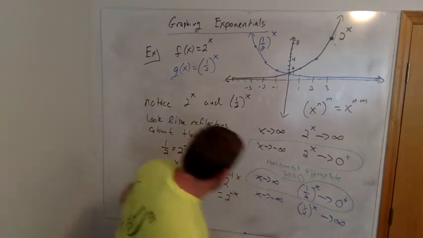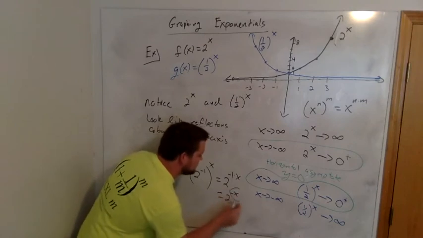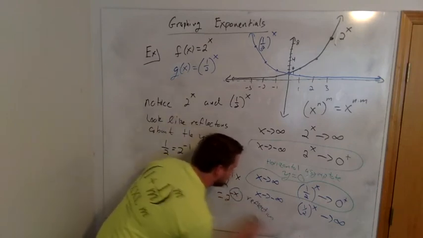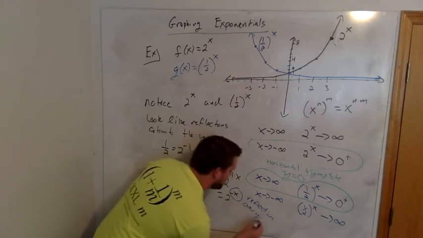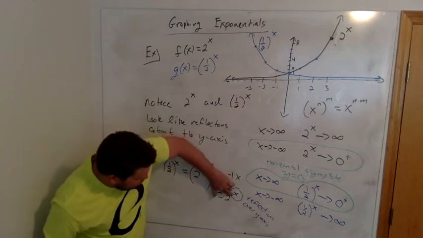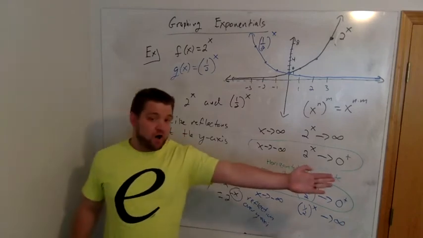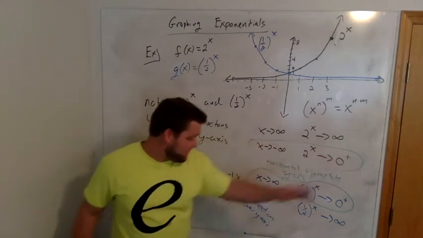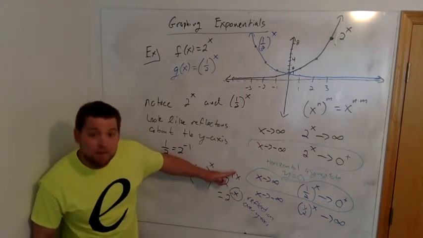Oh my goodness, this is a reflection over the y-axis if we're thinking in terms of transformations. If I have 2 to the x, think about all our positive x values. Now I'm making them negative.